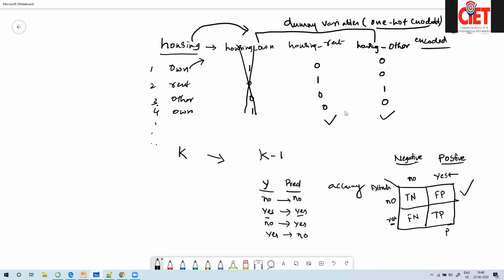So this confusion matrix really helps us to understand how good the predictions are in a much better way. And that's why it is named confusion matrix. It is aptly named, and there is a reason for it, right?